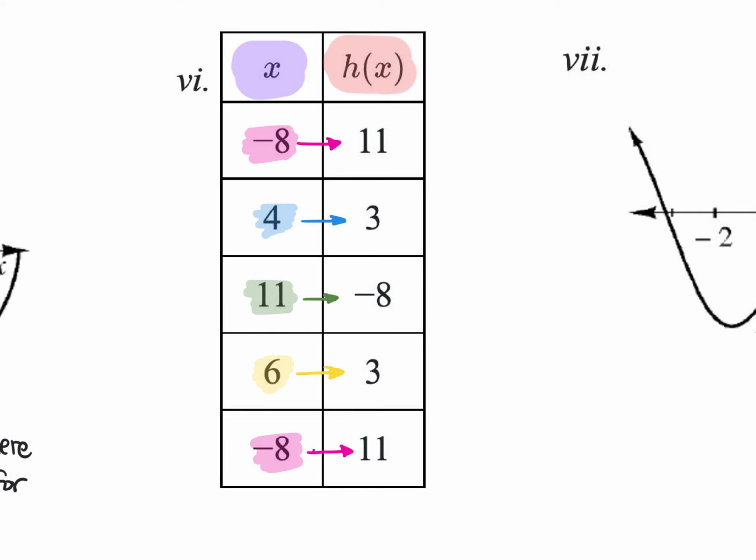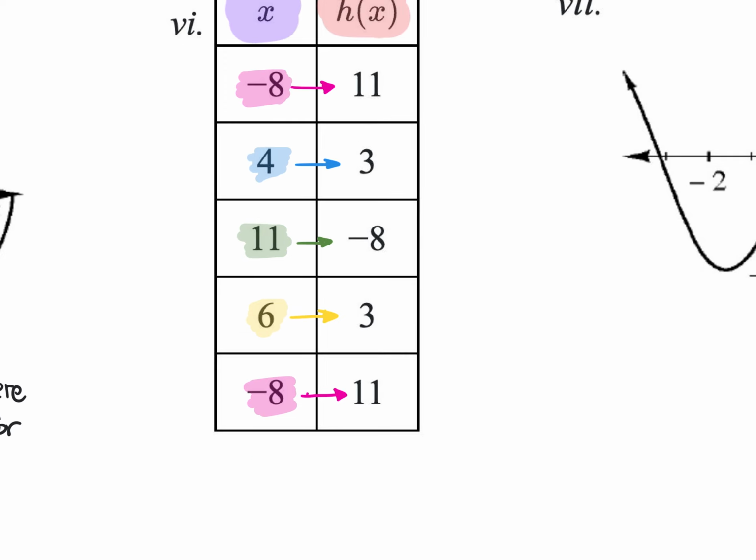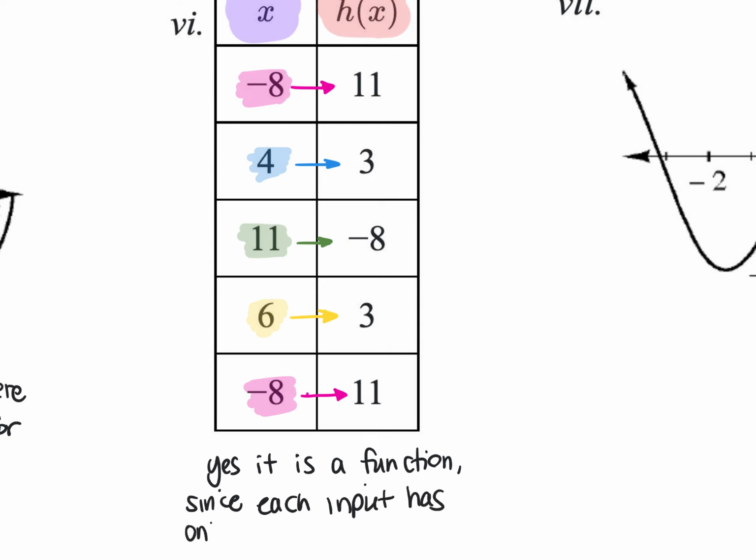So each of our inputs behaves in a way that is predictable. Therefore, this is also a function. So yes, it is a function, since each input has only one output.